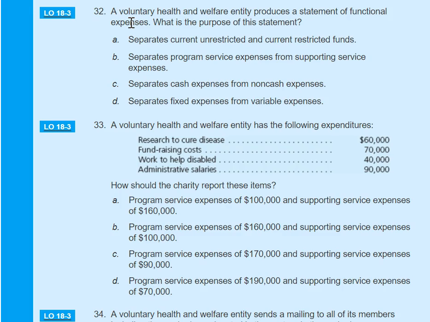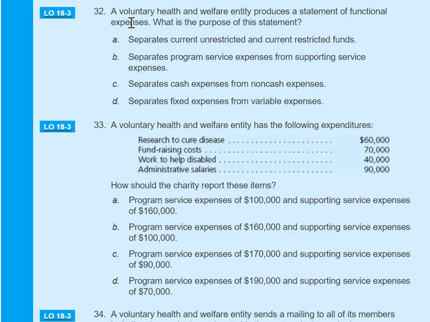Now they can categorize all of their expenses into two parts. If you check page number 822 and 823, it says that they categorize all of their expenses into two parts. One is called program service related, another is called supporting service related.